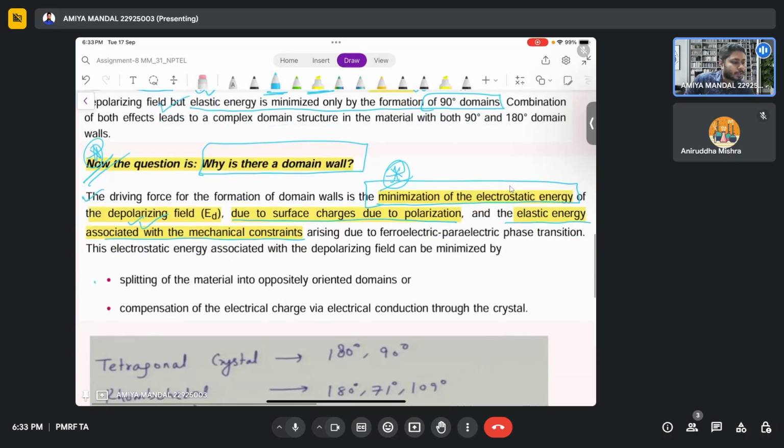So, splitting the material into oppositely oriented domains or compensating the electrical charge via electrical conduction through the crystal are the two possible methods to minimize the electrostatic energy associated with the depolarization field.